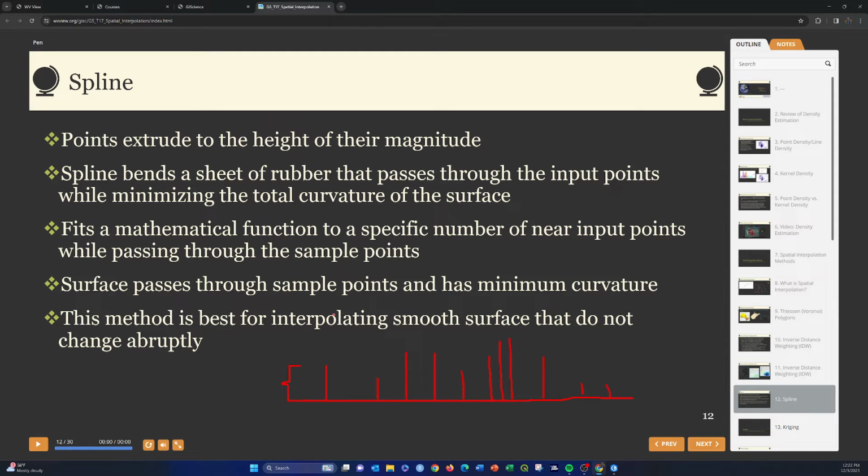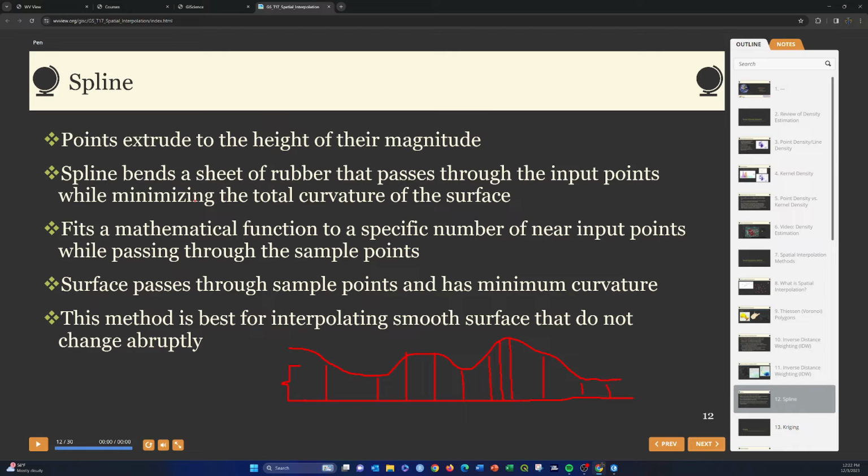And then you basically are fitting a rubber sheet in two-dimensional space, or you could think of it as a line in one-dimensional space, through these points, but there are some limits on how much it can bend, right?